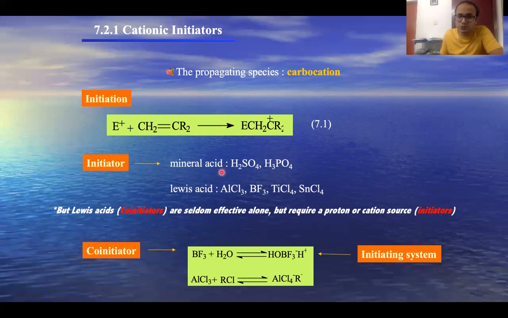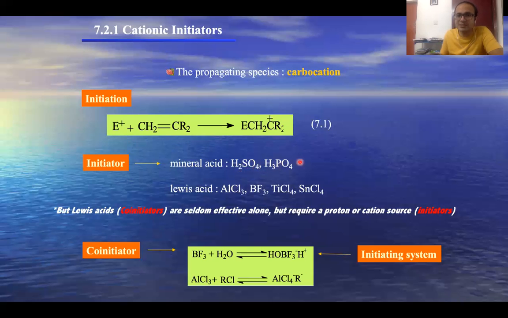The most common initiator that we use for cationic polymerization is the mineral acid. And among mineral acids, the most common ones are sulfuric acid and phosphoric acid. So if you use H2SO4 as the initiator, H+ adds on to generate a carbocation, and in the process the counterion would be HSO4-.